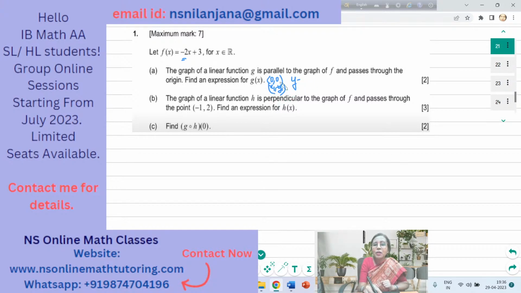So y minus y1 is 0, equal to m, which is minus 2, because the line will be parallel to minus 2x plus 3, hence the gradient will be minus 2. So minus 2 times x minus x1, which is 0. So y minus 0 is y, so g of x is equal to negative 2x. This is the answer.